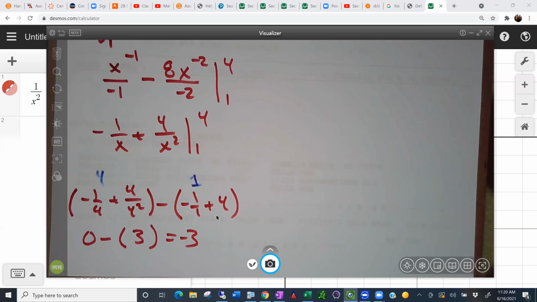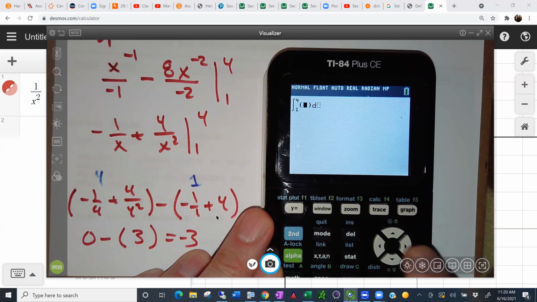Math 9, integral from 1 to 4 of, I'll just write it as x raised to the negative second minus 8x raised to the negative third. And you've got to tell your calculator what you're integrating with respect to, so that would be x.